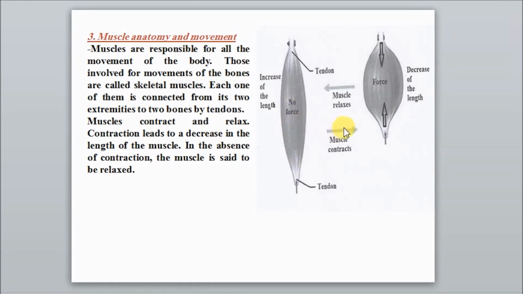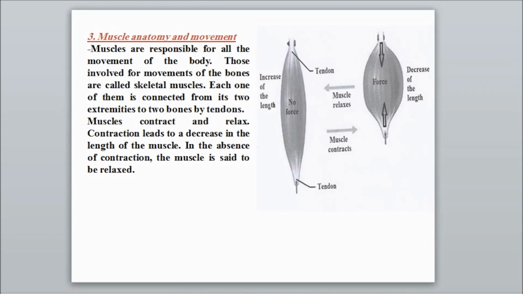Now, when the muscle contracts, following the arrow, you're going to observe that the length decreases, and we have a bulging aspect here, and it has force within it. And again, if it relaxes, following the arrow, we're going to have an increase in the length of the muscle.